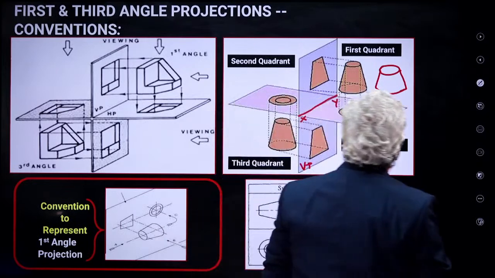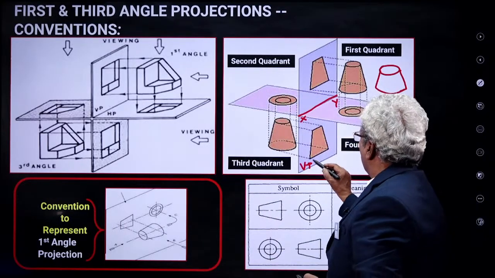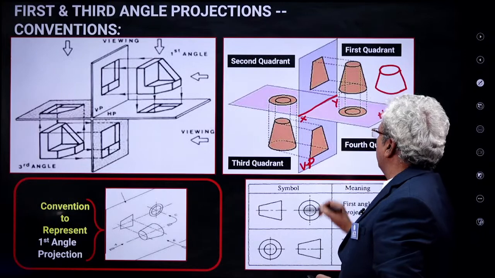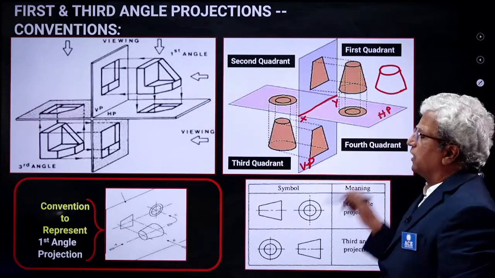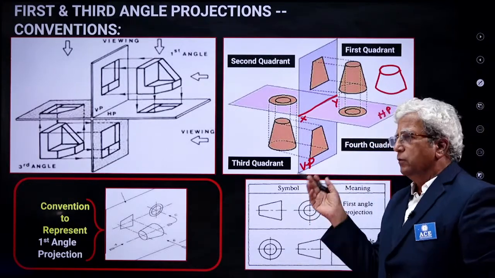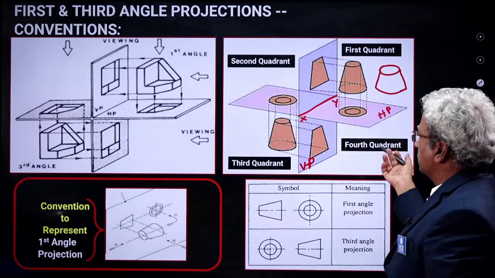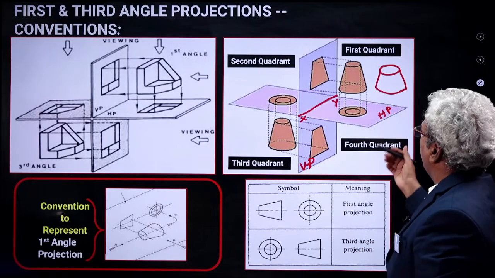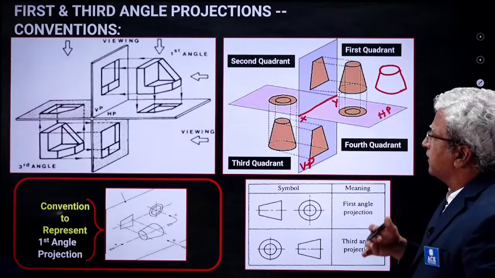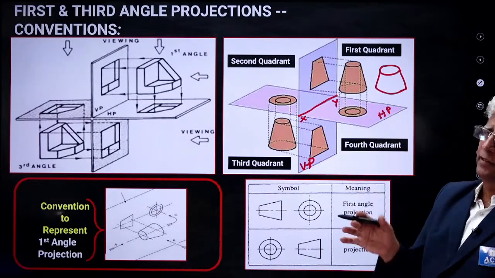XY line. So horizontal plane, vertical plane, we use these terms very frequently to describe the positions of the objects. So how to visualize the objects and how to draw the figures.